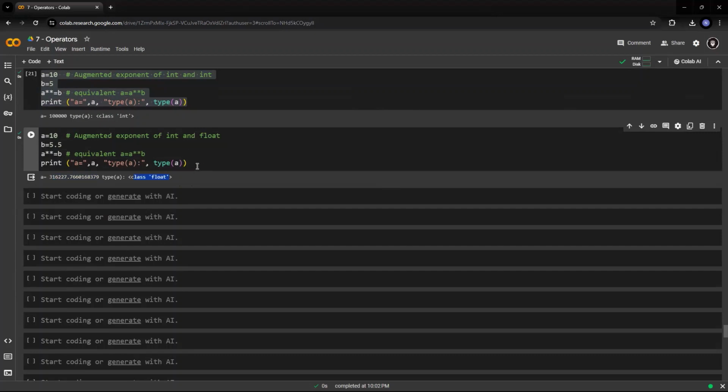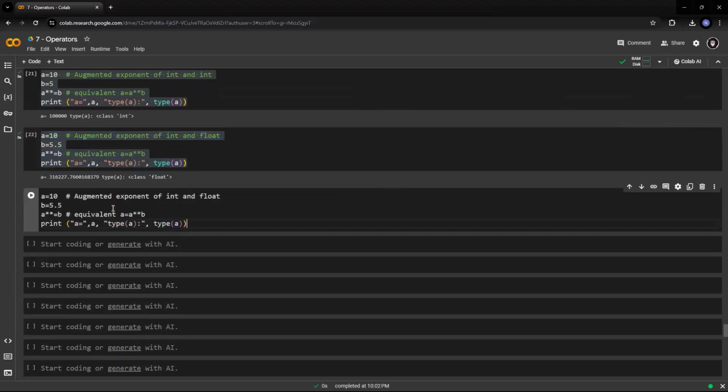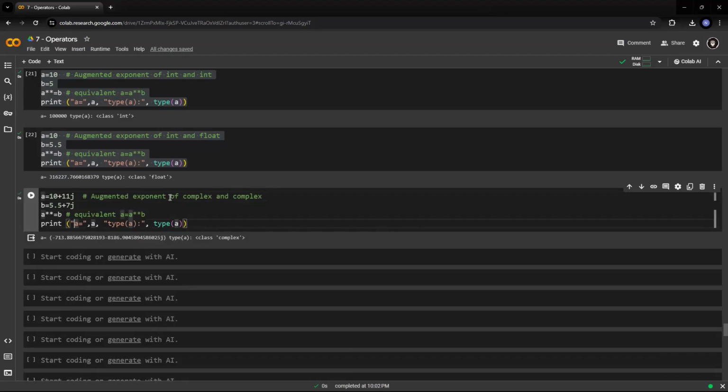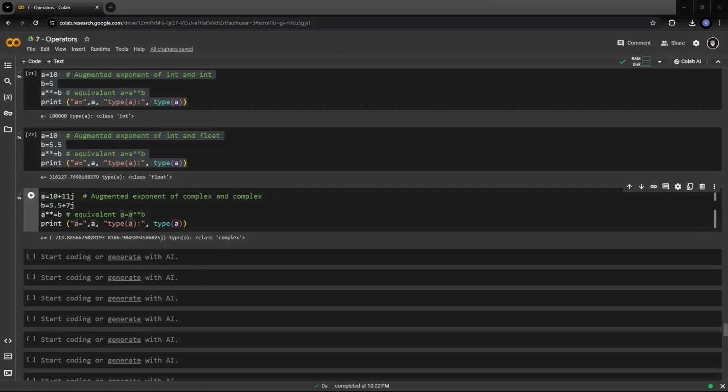Let's try it with a complex number. So we'll have two complex numbers, 10 plus 11j. I'll make it 5.5 plus 7j. Again, it is just equivalent to a equals to a raised to b. We have a complex type which has come up. So this was exponent.